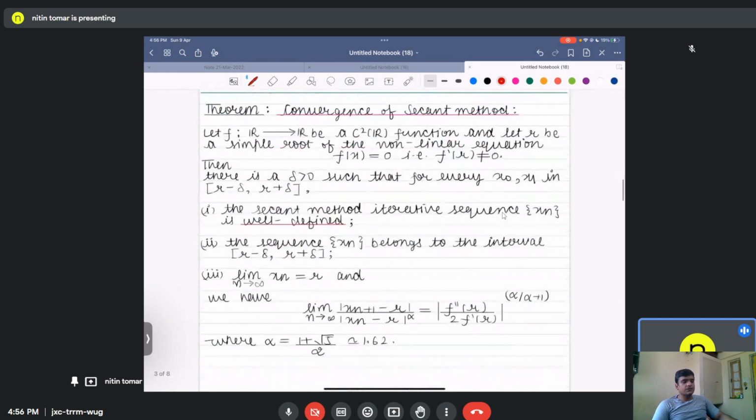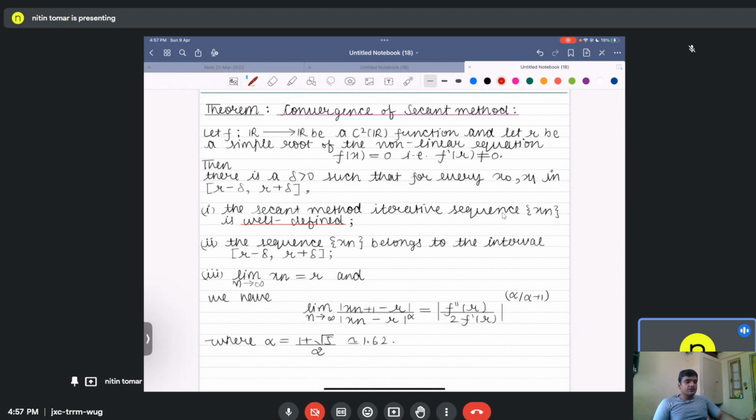Now the big shot of today's discussion is when we discuss the convergence of the secant method. The hypothesis for this theorem is that we need a C2 function, and how to find a sequence via secant method which converges to a simple root of f. f need not have a simple root at all, but we are adding this in the hypothesis.